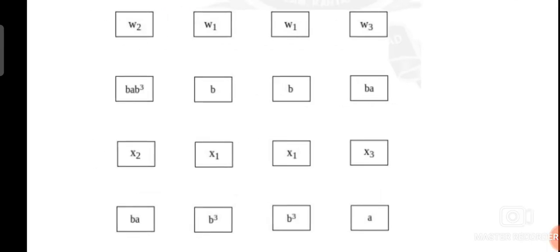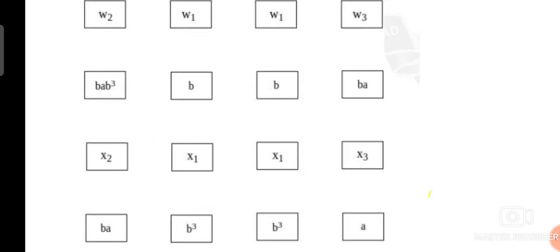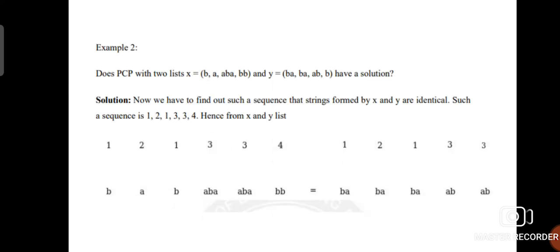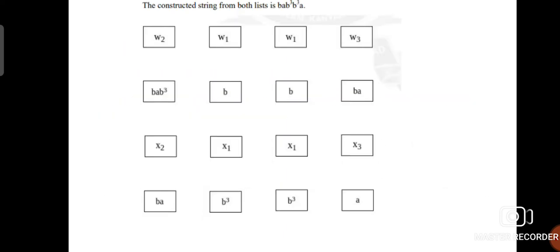X2 is BA, X1 is B power 3, X1 is B power 3, then X3 is A. Now we can concatenate all the input symbols of the string. We can get the same string patterns. So finally we conclude that if we are able to equalize the string patterns from both lists, we can tell the given problem has the post correspondence solution.